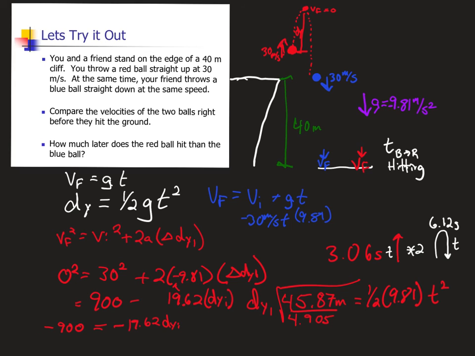So we need to find the time that we originally needed to find. We can do that by plugging in our distance, which is equal to 1/2 gravity times time squared. We take 40 and divide that by 4.905 and take the square root of that.